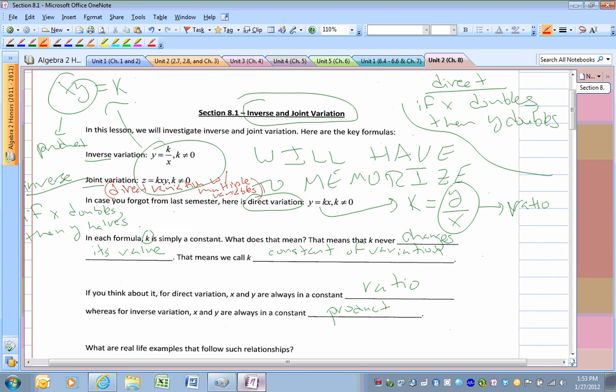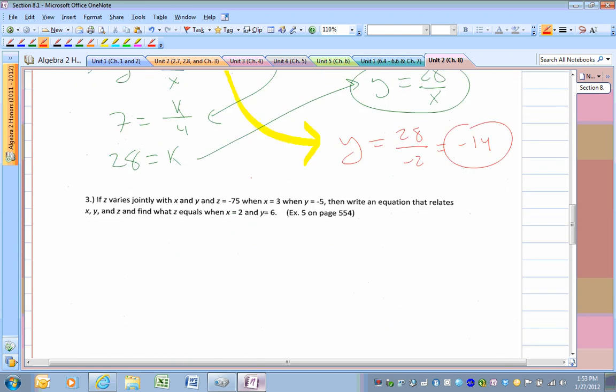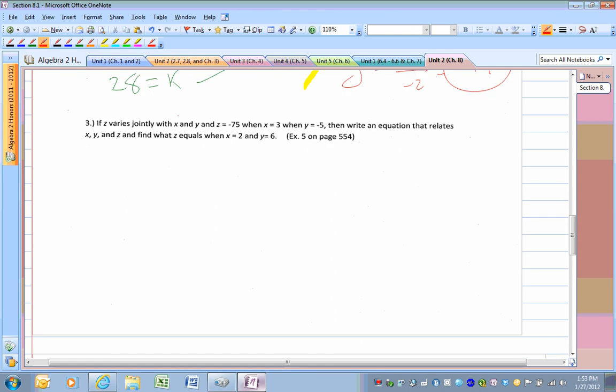So it's direct variation with multiple variables. So going to this one, we expect z to equal kxy. So using these values, we can solve for k.